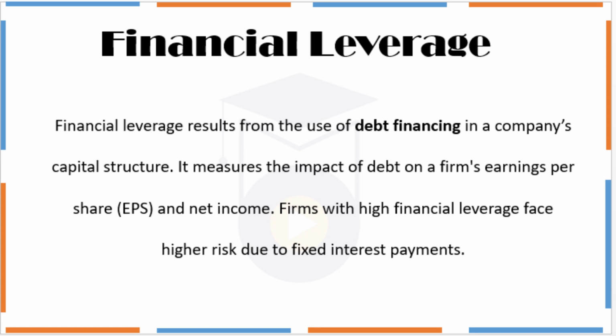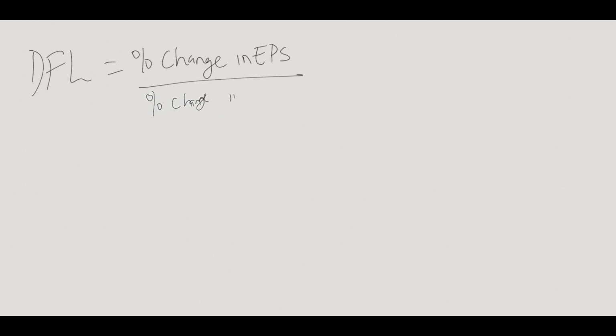When we are calculating the degree of financial leverage, we are going to be using the formula. DFL, that is degree of financial leverage, equals the percentage change in earnings per share divided by the percentage change in profit before interest and tax, right?